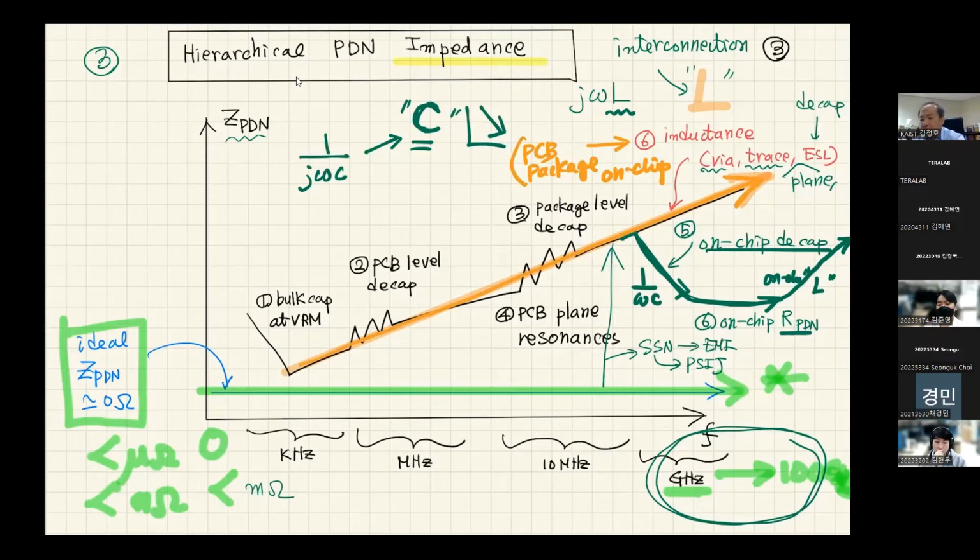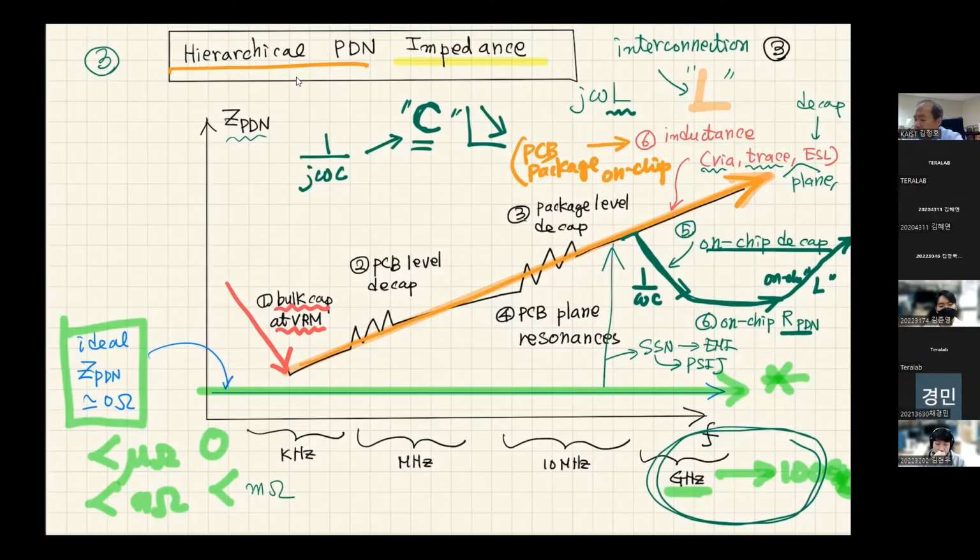Now I'm trying to explain the concepts of hierarchical PDN with the impedance curve. Initially, in PCB, you have bulk capacitance at the VRM. It is responsible for filtering the high frequency noise and supplying the charge at the kilohertz range.